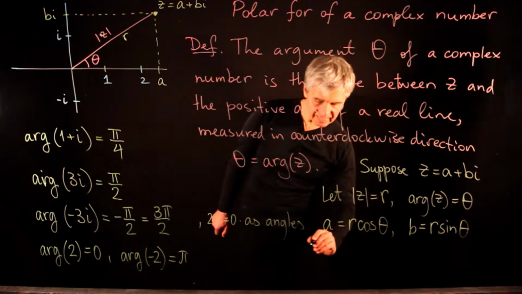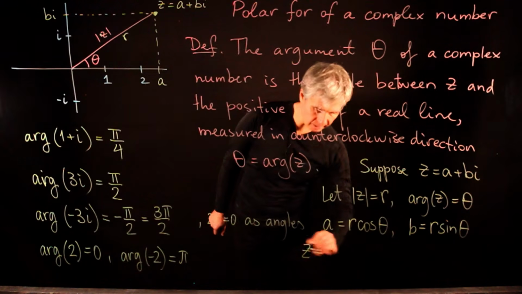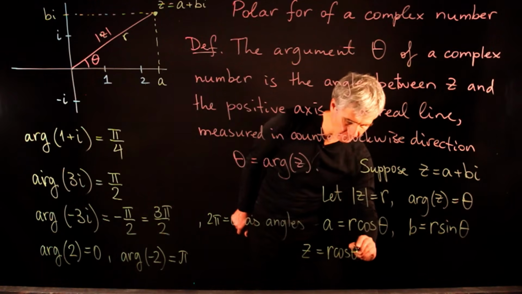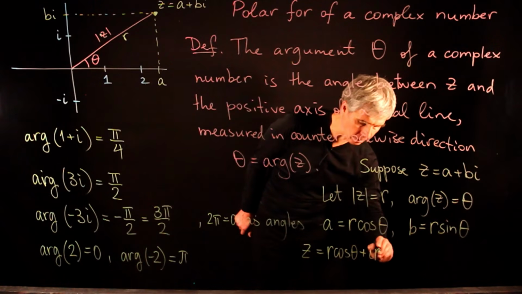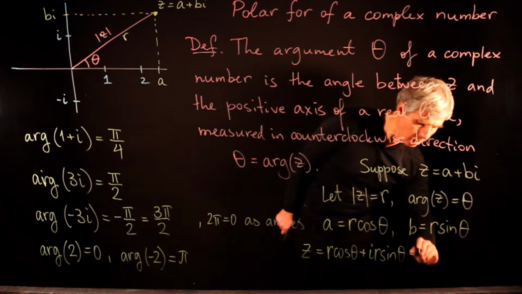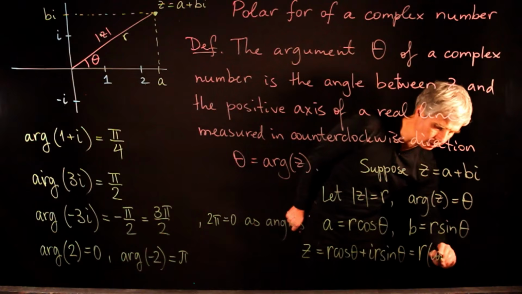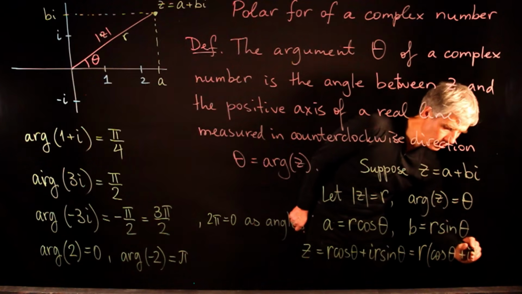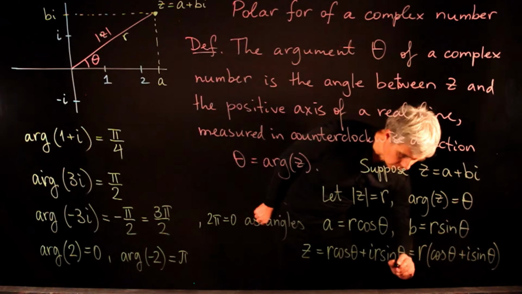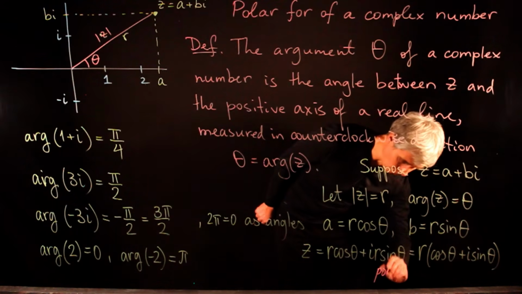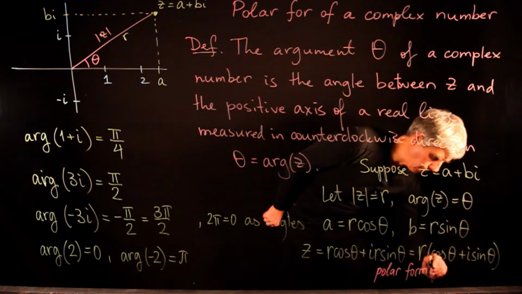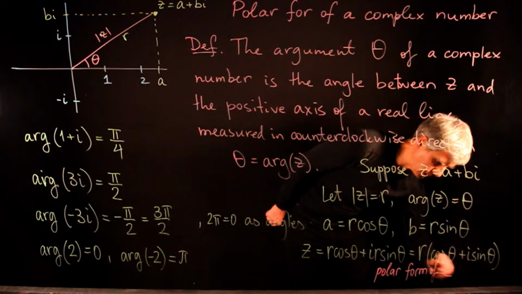And then we can write z as r cos theta plus i r sine theta, or this is equal to r times (cos theta plus i sine theta). So this expression is called the polar form of a complex number z.